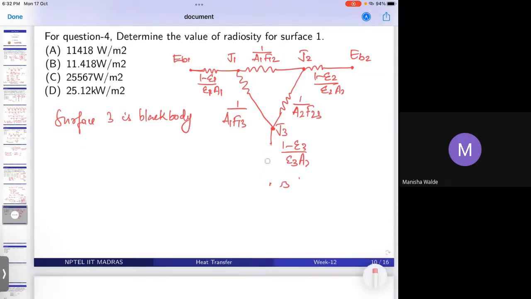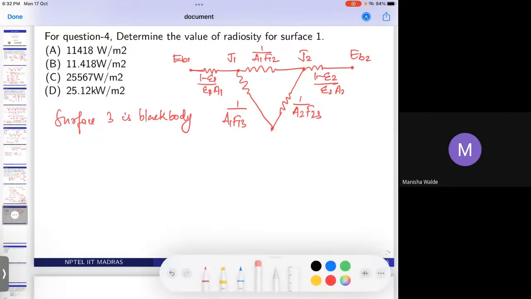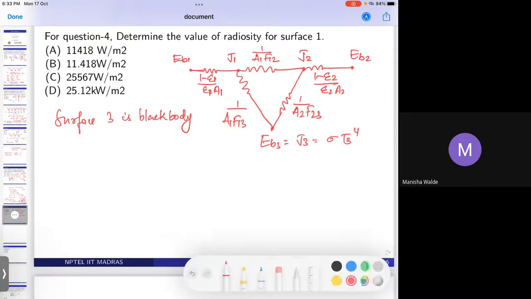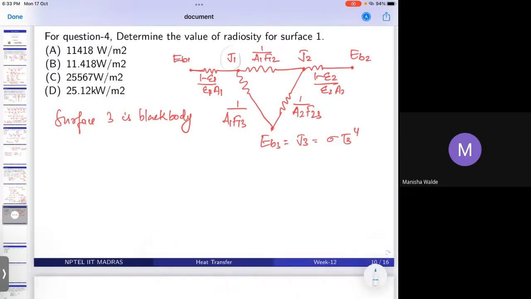So EB3 will be equal to J3, which is equal to sigma T3 raised to 4. Okay, so this is our radiation network. We are asked to find the value of J1.